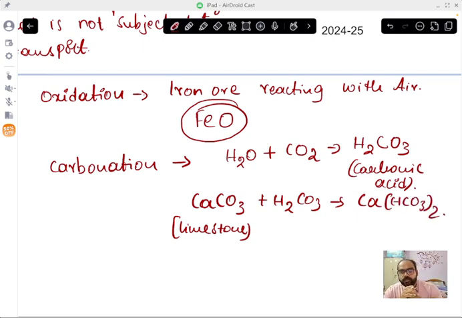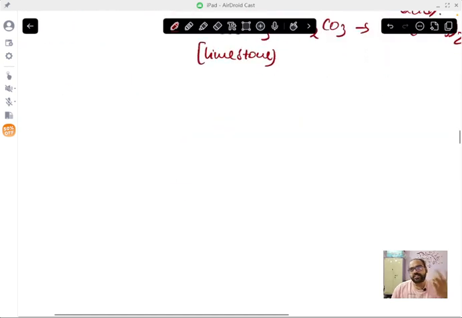Okay, when limestone gets reacted with carbonic acid, it results in the formation of calcium bicarbonate. Calcium bicarbonate is easily soluble in the water. So whenever calcium bicarbonate is exposed to water, we can see different types of topographies in areas where limestone is present. Okay, what are those different types of topography, we will see next chapter.